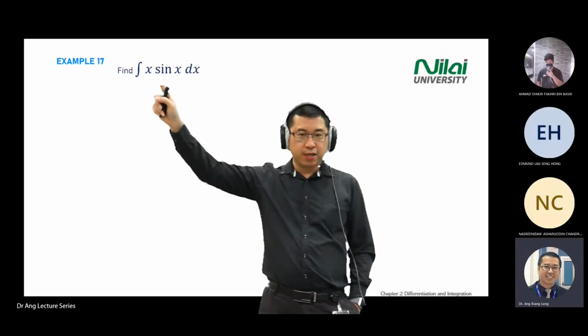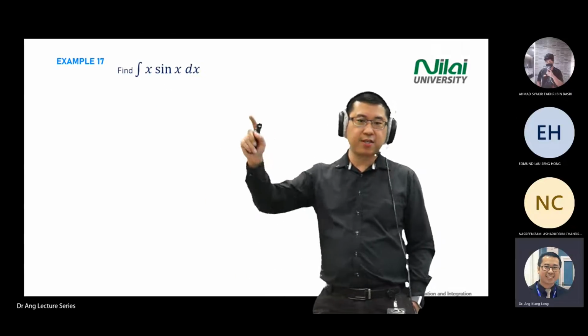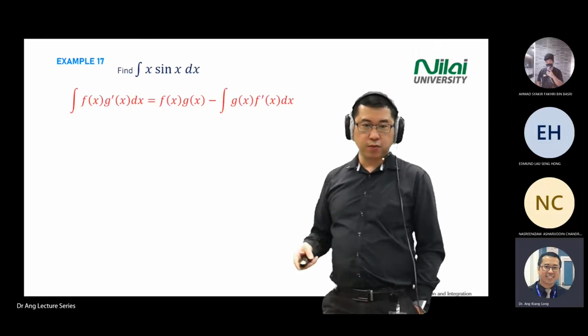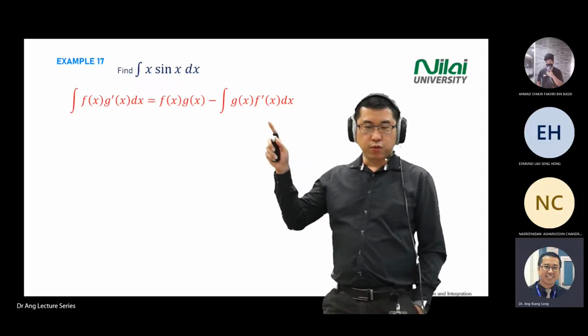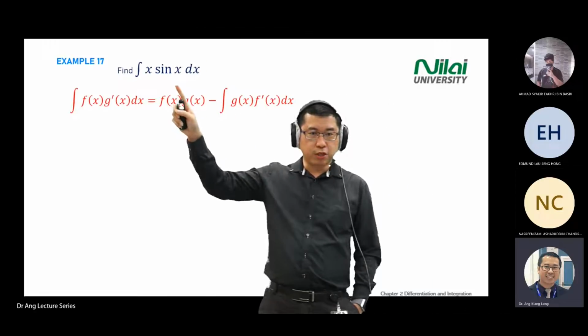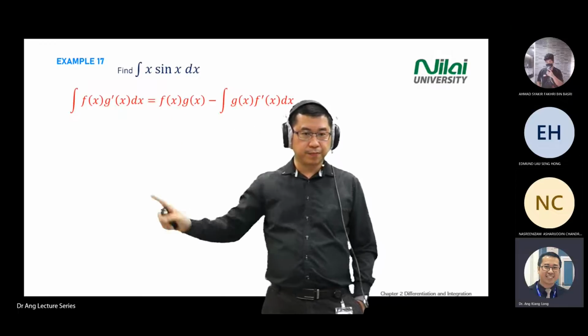There's a multiplication of x times sine x. So each one of these you can see as f(x) and g(x). So what do you do? You write the formula, compare side by side. You look at the question, you look at the general formula here.